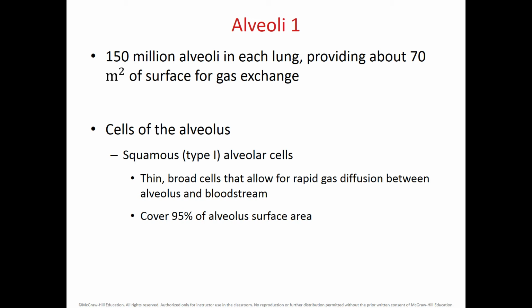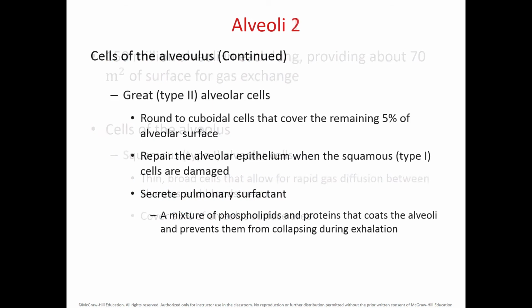These cells are simple squamous because you need to have rapid gas exchange. Since these cells are very, very flat, you can have rapid diffusion of gases between the capillaries and the alveoli.